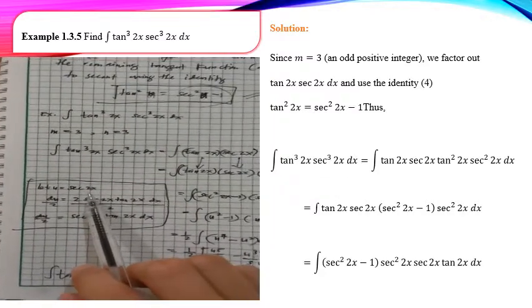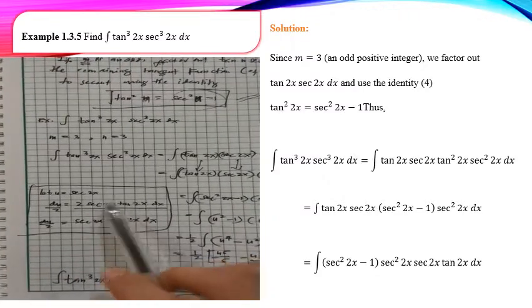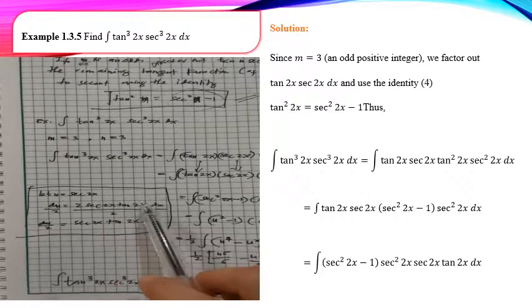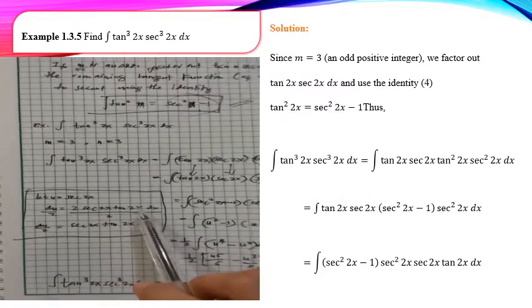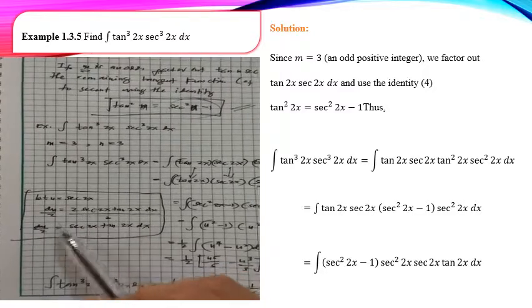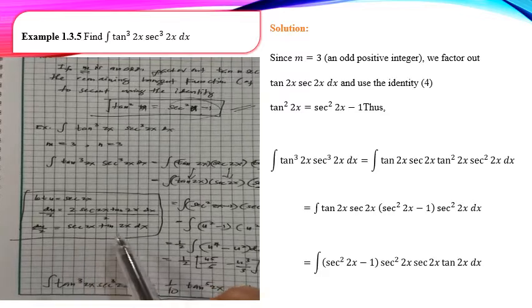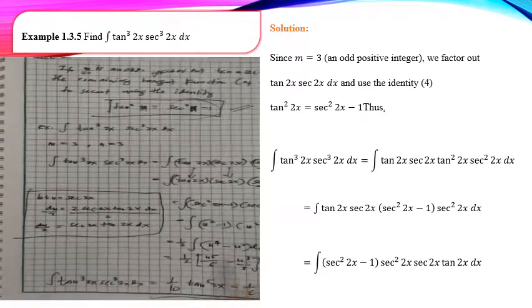Okay. So, derivative of secant is secant 2x tangent 2x times the derivative of the angle na 2x, so that is equal to 2. So, divide both sides by 2. So, we obtain du over 2 is equal to secant 2x tangent 2x dx.